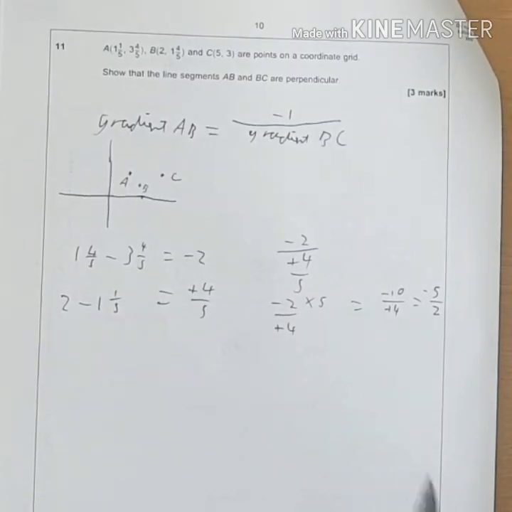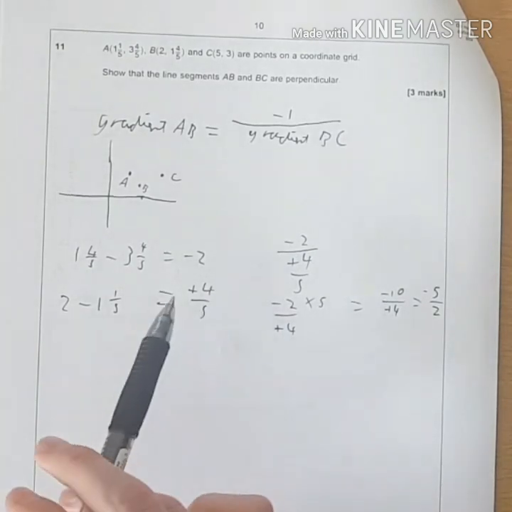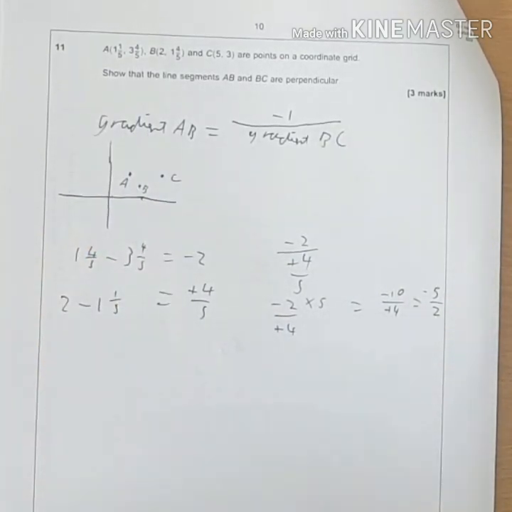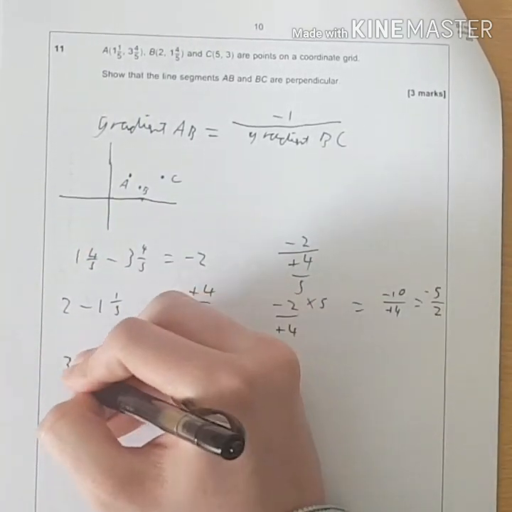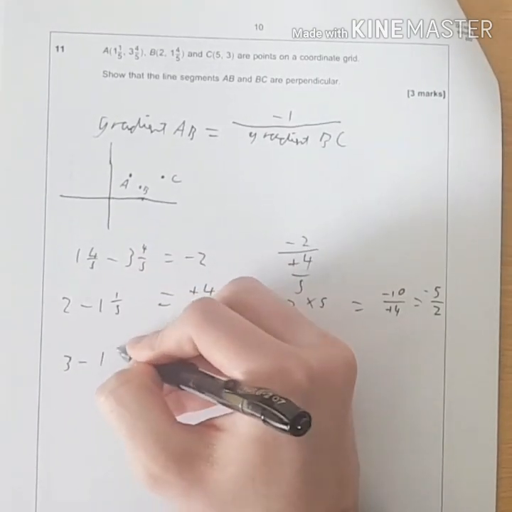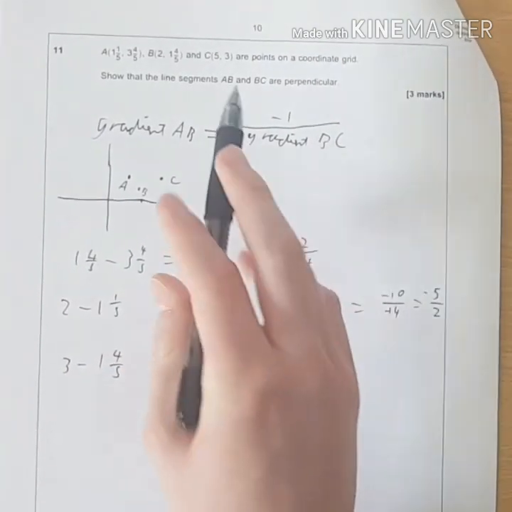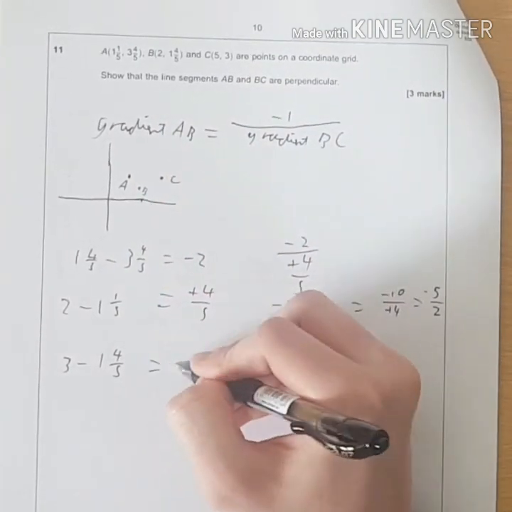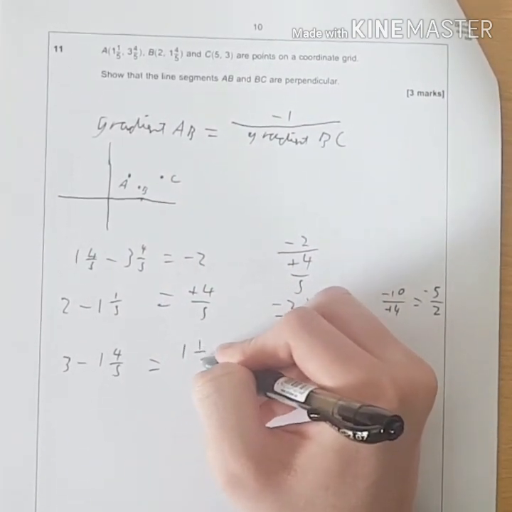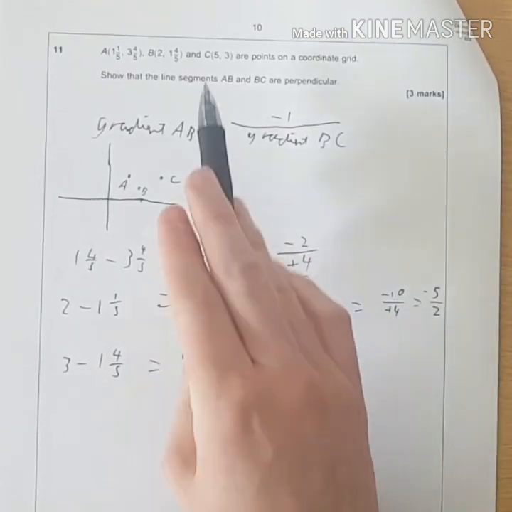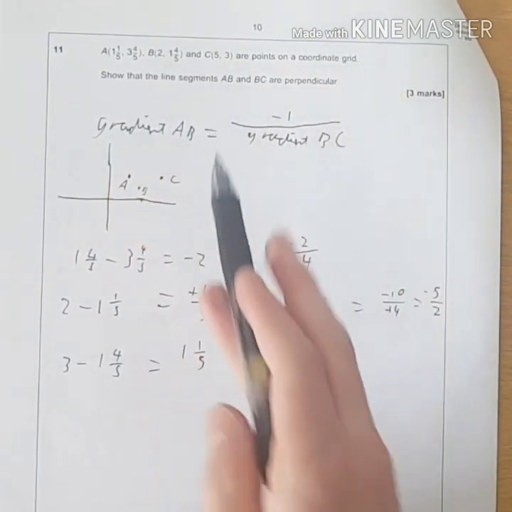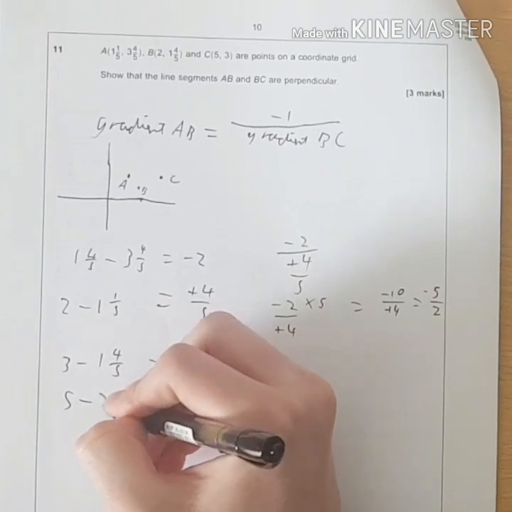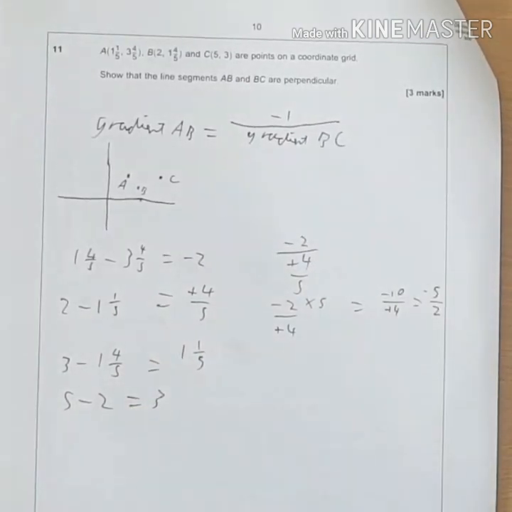We can then use the same logic to find the gradient of BC. So we can do 3 minus 1 4/5, as we are finding the difference between the y-coordinates here, giving us 1 1/5. We can also find the difference between the x-coordinates, which is 5 minus 2, which is 3.